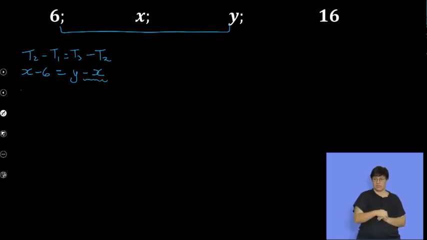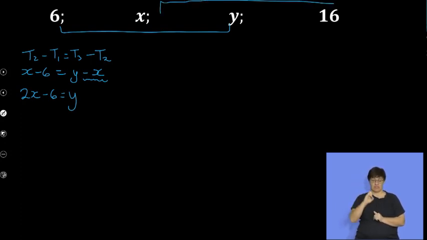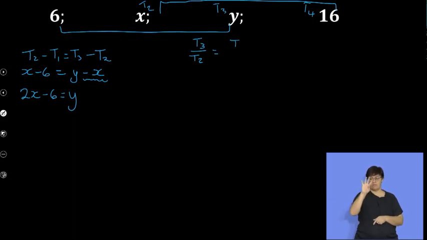So I'm going to have that 2x minus 6 is equal to y. Then using my knowledge about geometric sequences, I know that if this is term 2, term 3, and term 4, term 3 over term 2 will be equal to term 4 over term 3. So y over x will be equal to 16 over y.